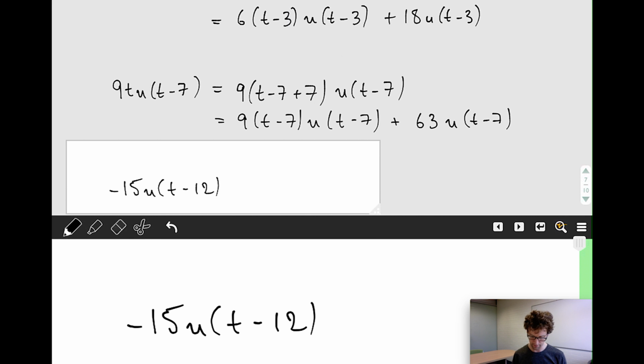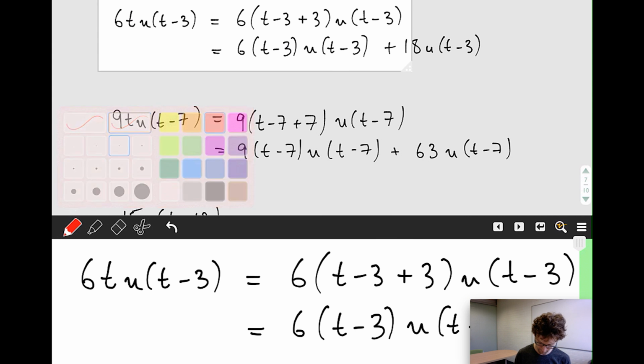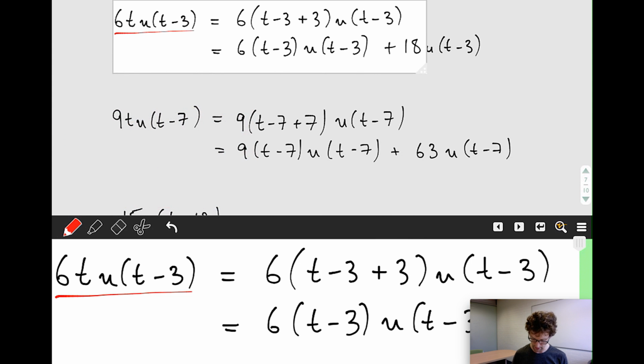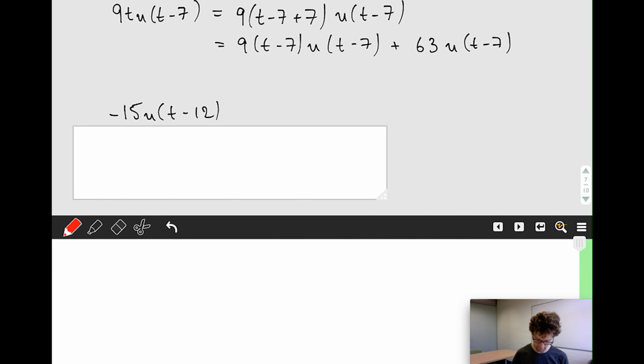So let's take our first piece right here. We've got the Laplace transform of 6t u of t minus 3, and that's equal to all this stuff here. So let's start off with that.